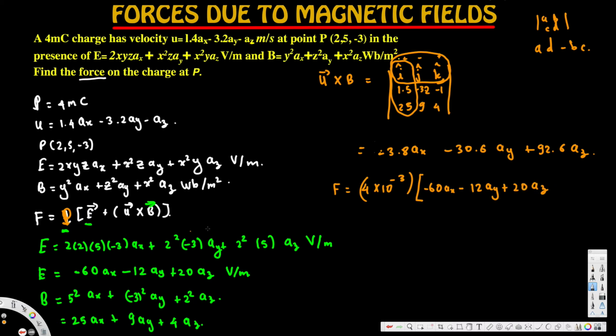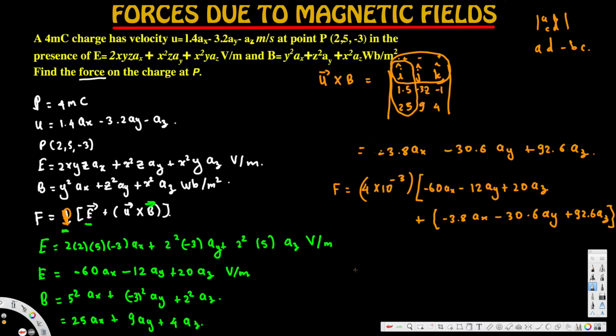Okay, that is E. Then plus U cross B, that is negative 3.8 ax minus 30.6 ay plus 92.6 az. Here we just have to add the x component with the x component, y component with the y component, and z component with the z component, and multiply everything by 4 times 10 to the power minus 3.